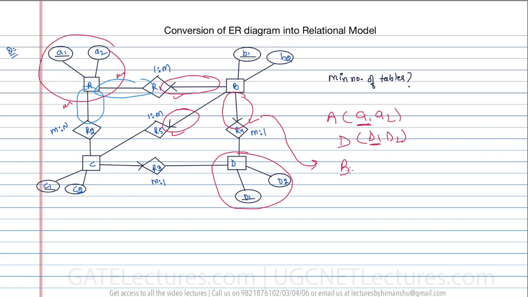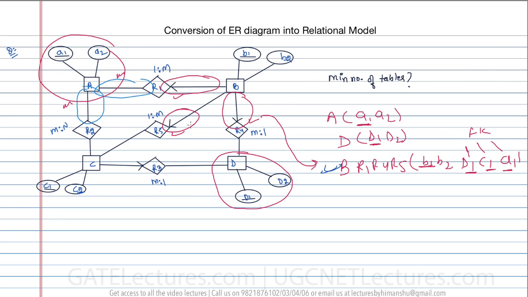There is one single table which is required for them, and it is having the attributes B1, B2, D1, C1, A1, where D1, C1 and A1 are the foreign keys, and B1 is the current key attribute here. So for this complete B we just have to create one single table.